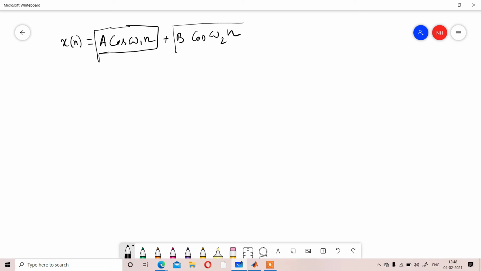Suppose x[n] is given as a cos omega 1 n plus b cos omega 2 n, and you are asked to pass one signal and reject the other. We need to pass a cos omega 1 n and we need to stop b cos omega 2 n.